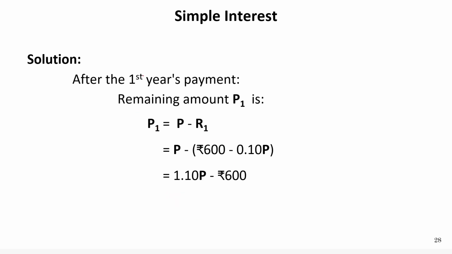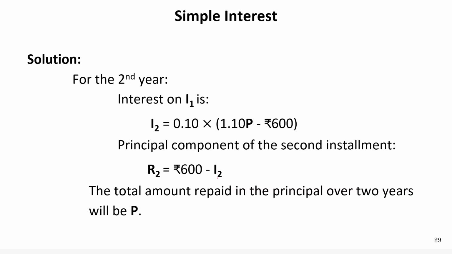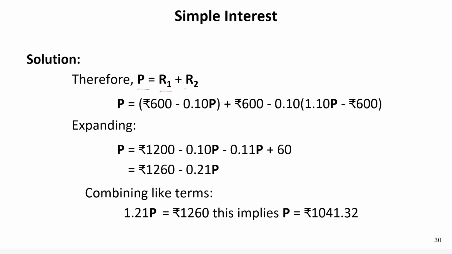After the first year's payment, the remaining amount P1 is equal to P minus R1, right? So P minus (600 minus 0.10P), so it will be 1.10P minus 600. So I2 will be 10% of the remaining amount. So the principal component of the second installment is 600 minus I2. The total amount repaid in principal over 2 years will be P, right? So P is equal to R1 plus R2.